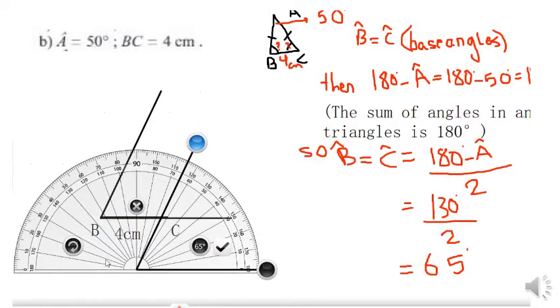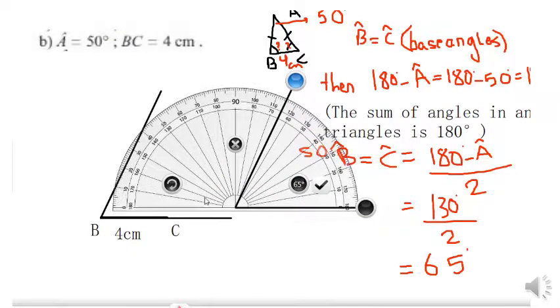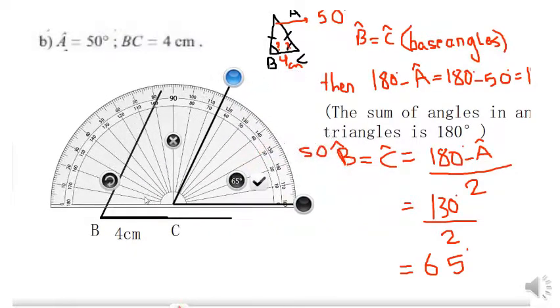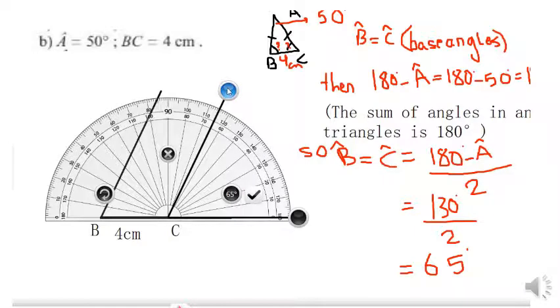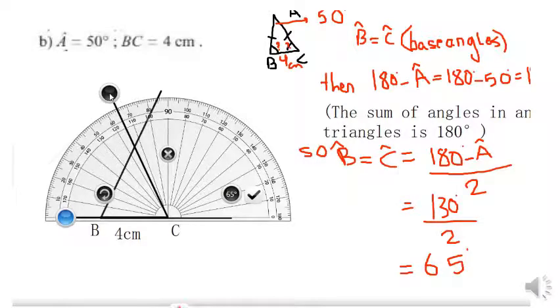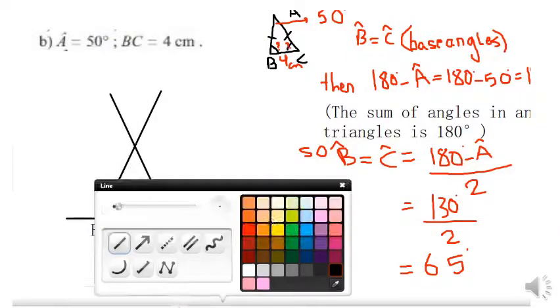Okay, then put it on C. Okay, this is the edge of C. And measure 65 degrees. Okay. Now let's name the third vertex.